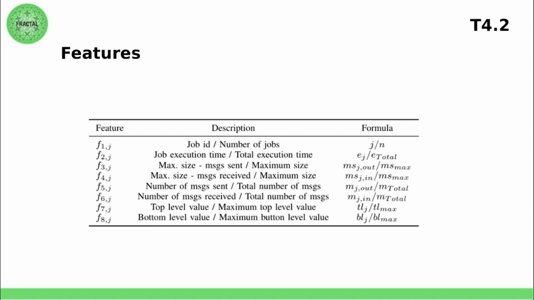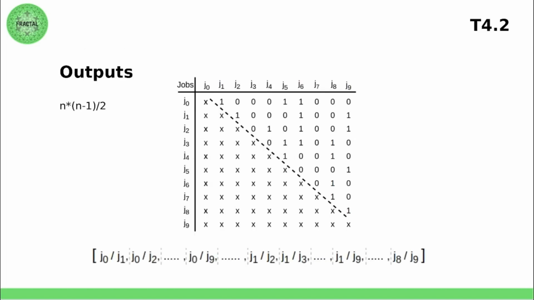Since we want to predict the job's priorities, we are comparing the priority of each job with the rest of them, having at the end a vector of binary values. This means that our model performs multi-level classification.